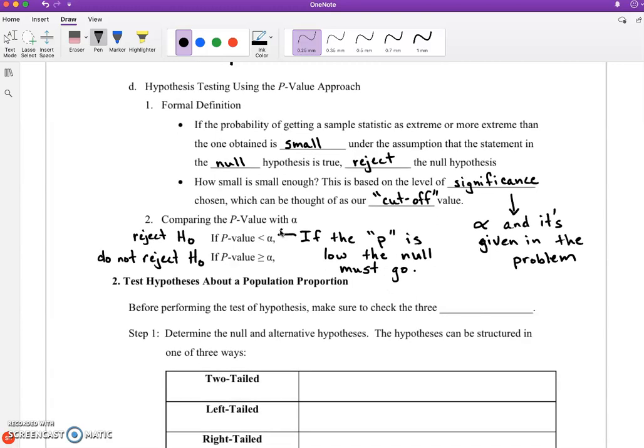So that tells us that we reject the null hypothesis if the p-value is lower than alpha. So we'll talk about the process of doing this in just a minute in the next video.